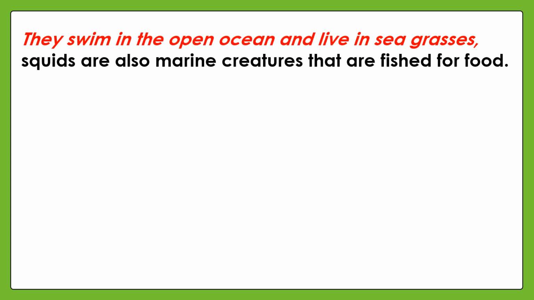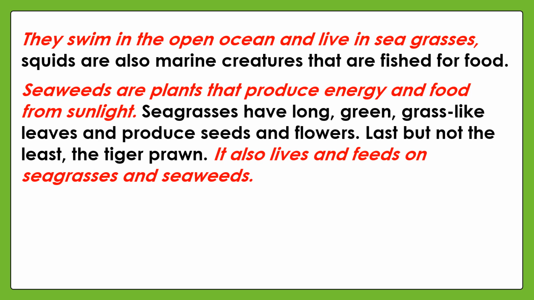They swim in the open ocean and live in sea grasses. Squids are also marine creatures that are fished for food. Seaweeds are plants that produce energy and food from sunlight. Sea grasses have long, green, grass-like leaves and produce seeds and flowers. Last but not the least, the tiger prawn.